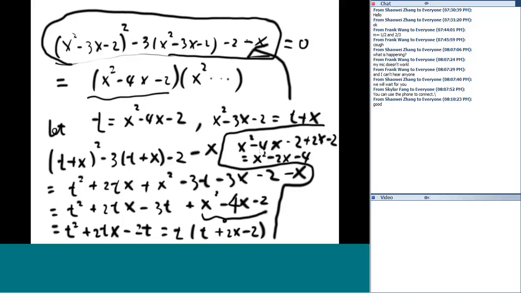So that is another factor. That is two factors. One is x squared minus 4x minus 2, one is x squared minus 2x minus 4. As long as you know that, it's easy to solve, right?